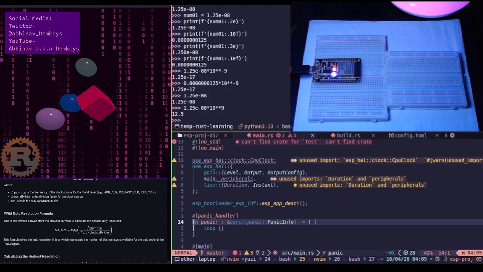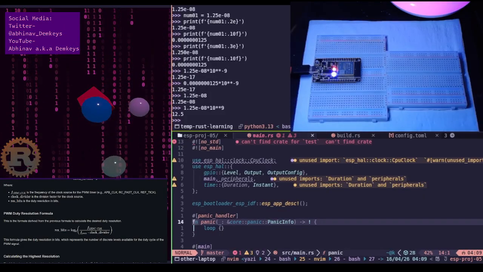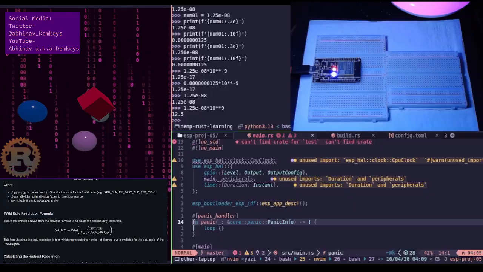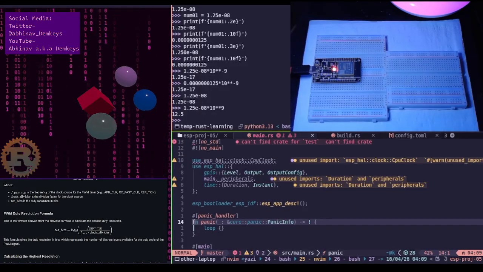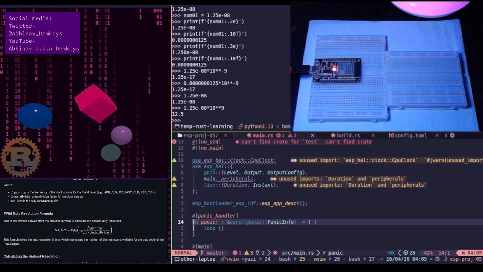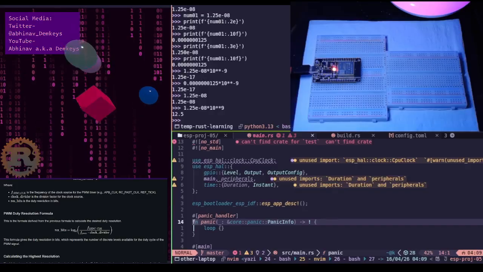No, that's a different thing. Yeah, okay. We'll look for a different resource. That's okay.